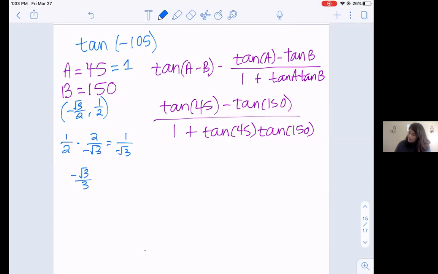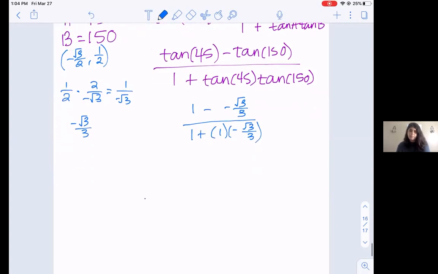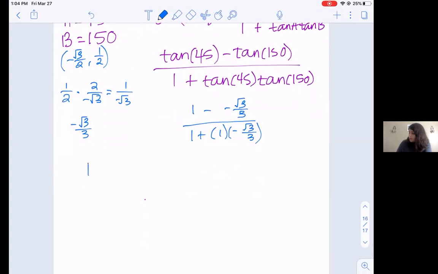Okay, so I'm going to plug everything in. This is 1 minus a negative radical 3 over 3, over 1 plus 1 times negative radical 3 over 3. I'm going to clean that up a little bit: 1 plus radical 3 over 3 divided by 1 minus radical 3 over 3.